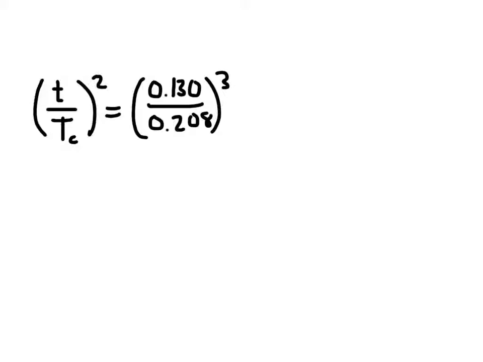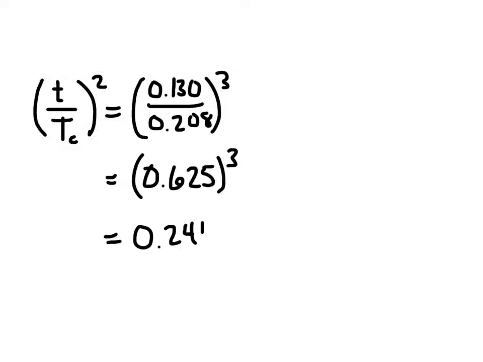Now let's go ahead and evaluate what's inside here. If I take 0.130 divided by 0.208, I get 0.625, and then I have to cube that. When I take the cube of that, I get 0.244. So now this is equal to 0.244.